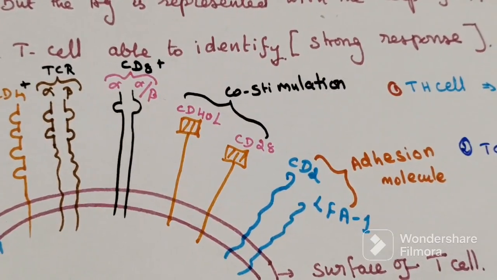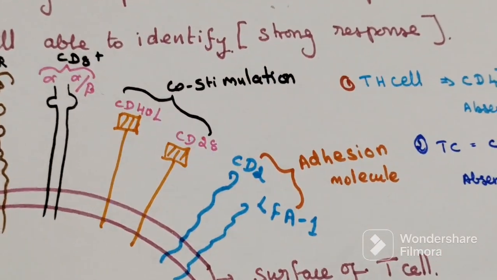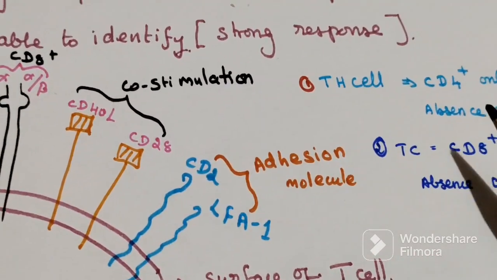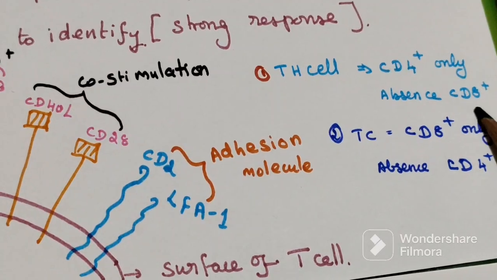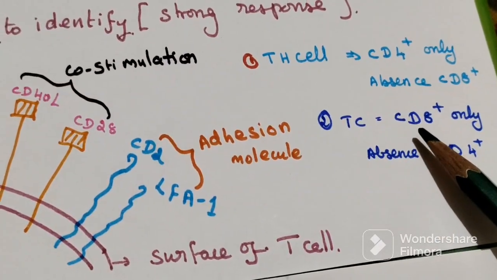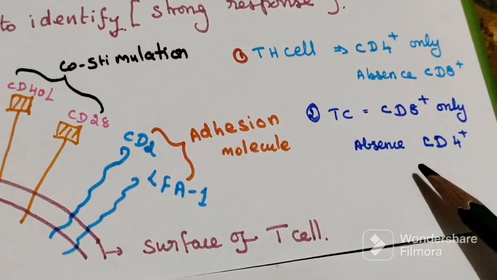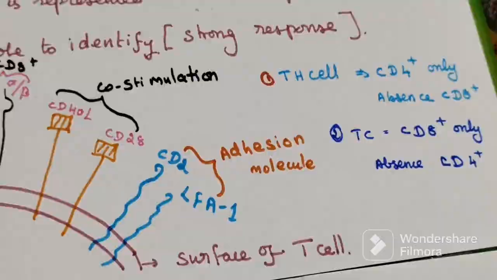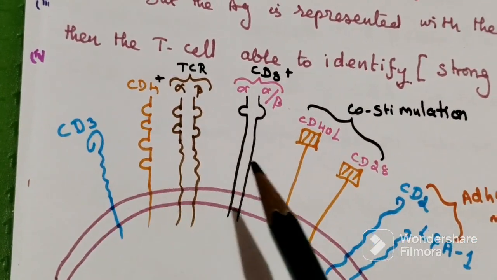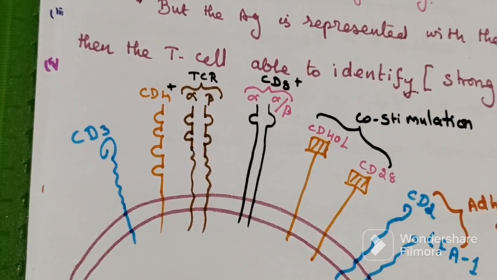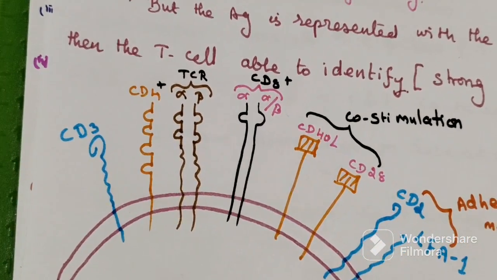If the cell is a T helper cell, there will be the presence of CD4 only, and absence of CD8. If the cell is a TC cell, it means co-receptor CD8 only, and absence of CD4. Here we mention them generally, so all are drawn, but normally it is either a CD4 or a CD8 cell.